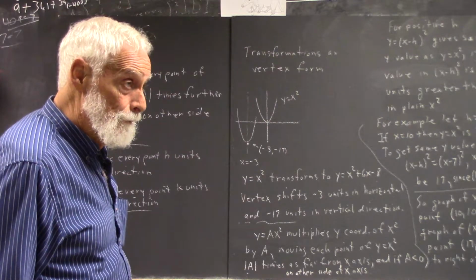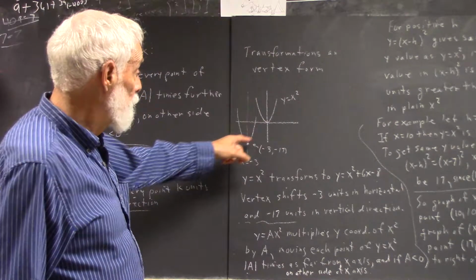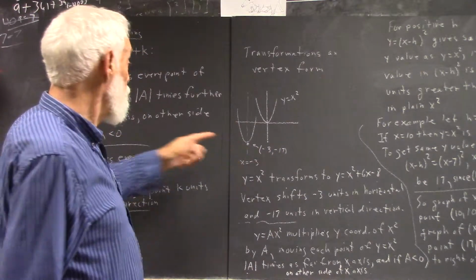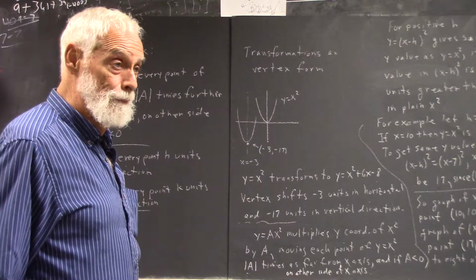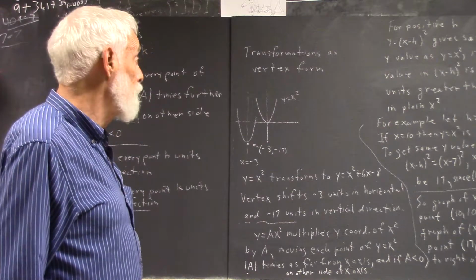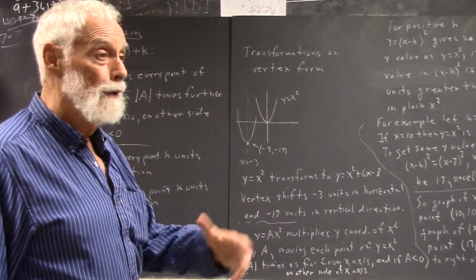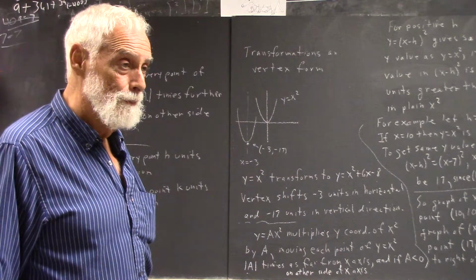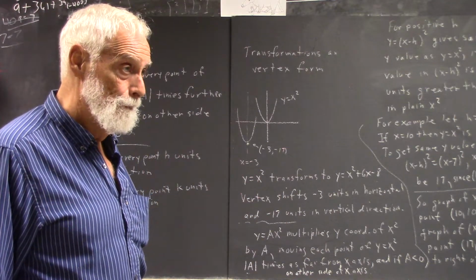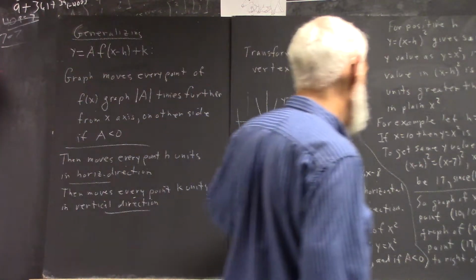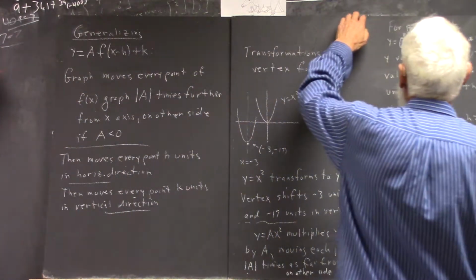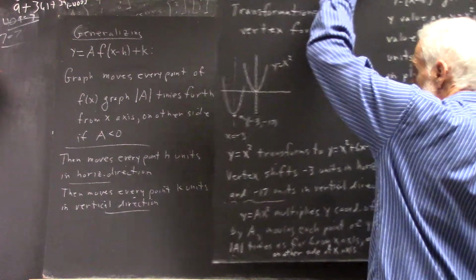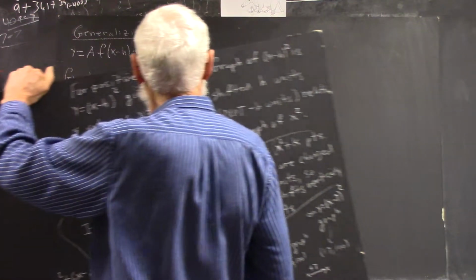Okay? So the vertex tells you what the shifts are. Then you just have to worry about the stretches. And that's easy, because if you've got a quadratic function, the number in front of x squared is going to be the same for both. Okay? I'm not sure that made sense, but yeah. Whatever's in front of the x, sorry, whatever's in front of the x squared is your vertical stretch.